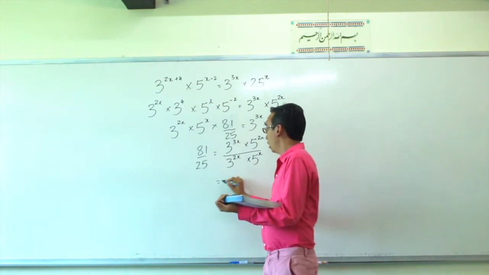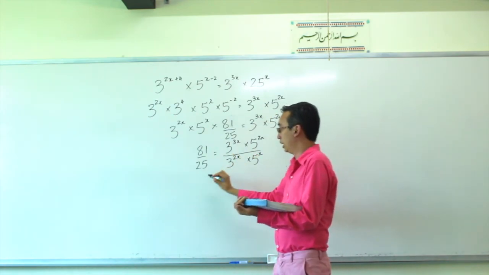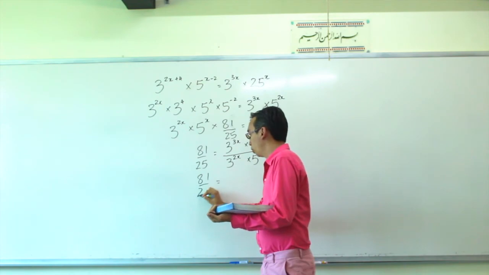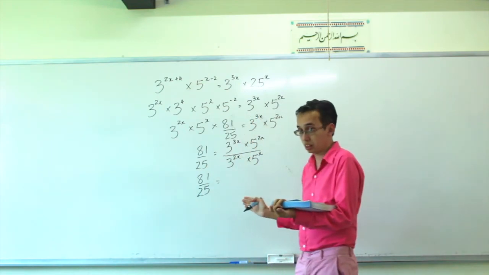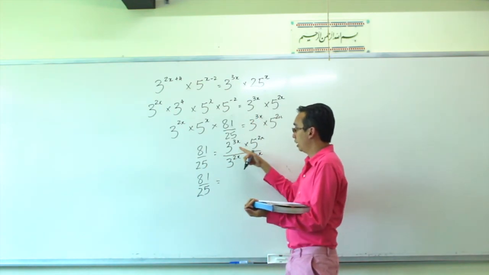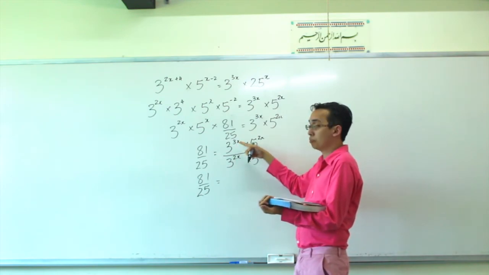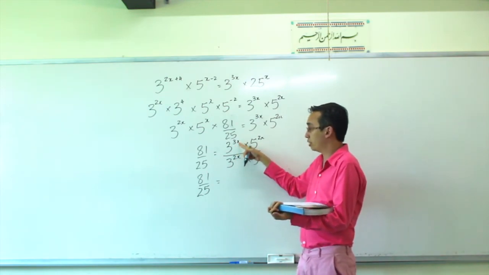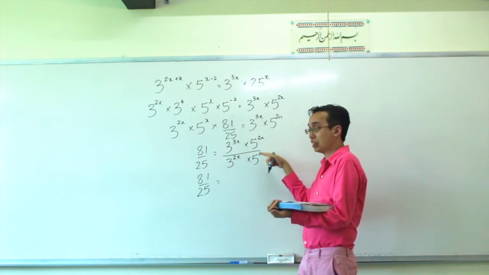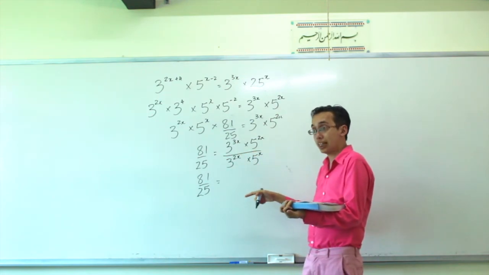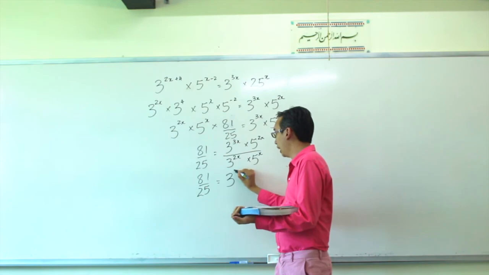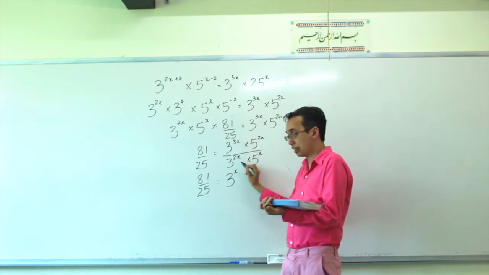So let's do the 81 over 25 over here. For the book, you'll see the 81 over 25 is on the right. Here, the ones with the same base, we can do something to the power. So this is 3 to the power of 3x divided by 3 to the power of 2x, so it's 3 to the power of x. 3x minus 2x is x.